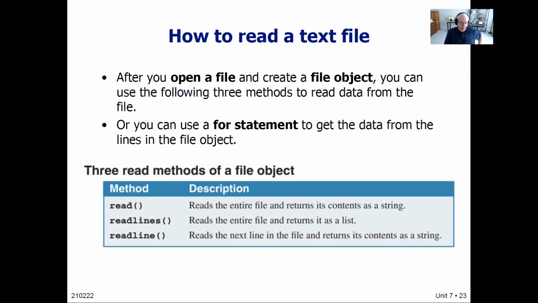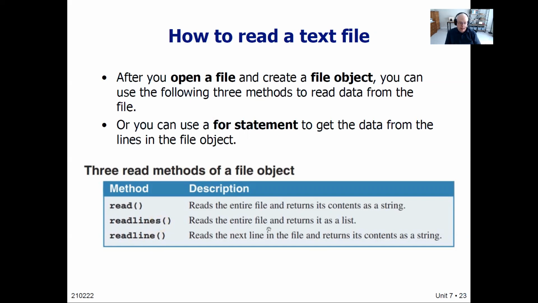The read method reads the entire file. It returns the contents of the file as a string. So if you want to read the whole thing into memory as one big block, you could. Readlines, and this is important because it has an S on the end. This is plural because there's also readline, which we saw a minute ago.